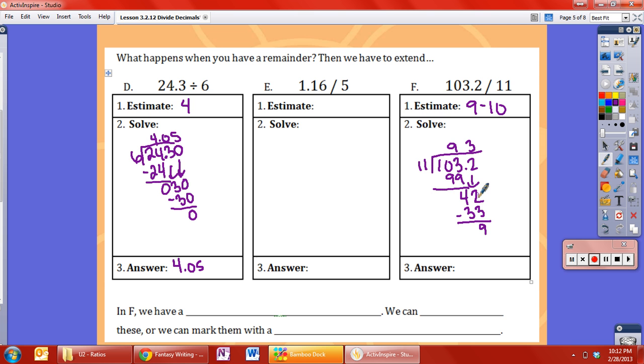Because that would be 12 minus 3. Anyway, I need to add a 0, so it's 20 hundredths instead of 2/10. Bring down that 0. 11 goes into 98 times, which is 88, and I'm going to get 2 left over.